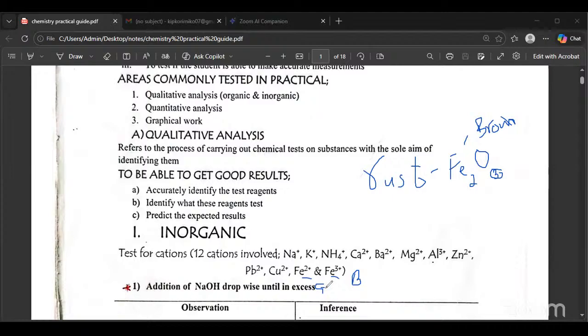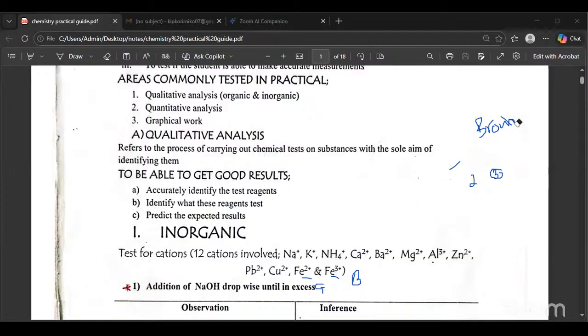Actually, that is why I normally use rust instead. So I ask people, what color is rust? Someone says it is brown. And which one is brown in inorganic, which ion is brown? They say iron 3. So you can identify. So the ion that remains is green, which is iron 2. So if you say rust is iron 2, it becomes wrong.